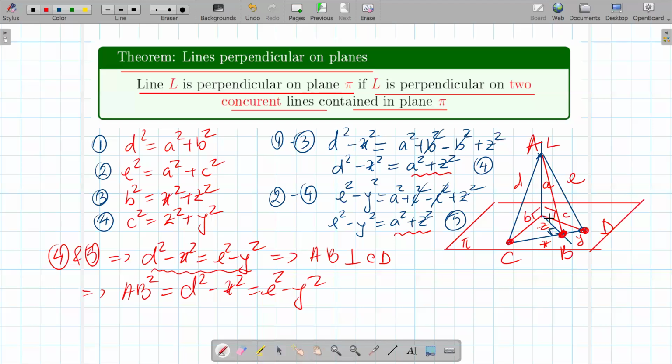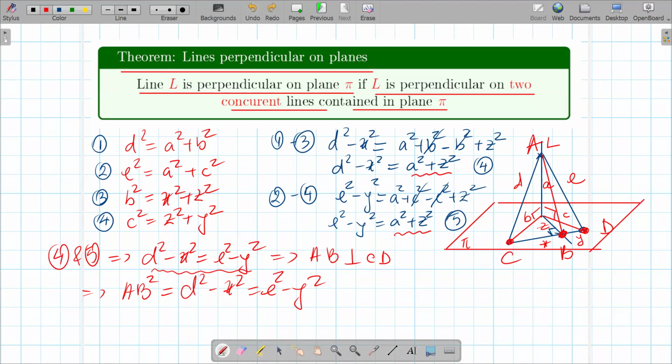Well, okay, ideally, what did we want to prove on here? We wanted to prove that this line L that we started off with is perpendicular on this new line of ours right here. So we wanted to prove that this angle is a 90-degree angle. Well, how are we going to do that? Well, now we have an expression for AB.